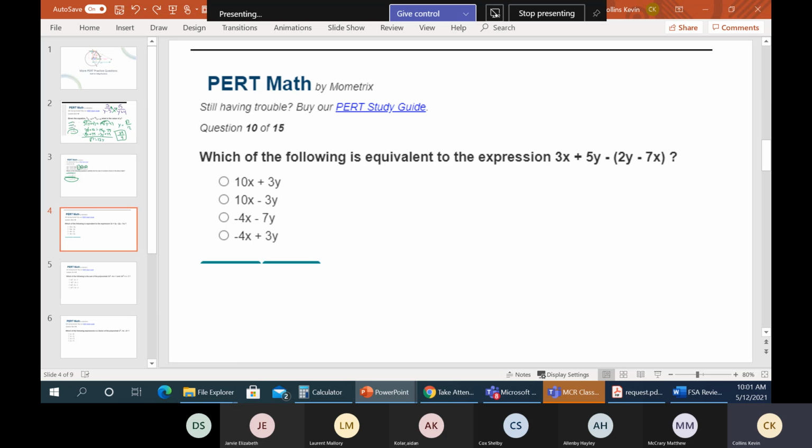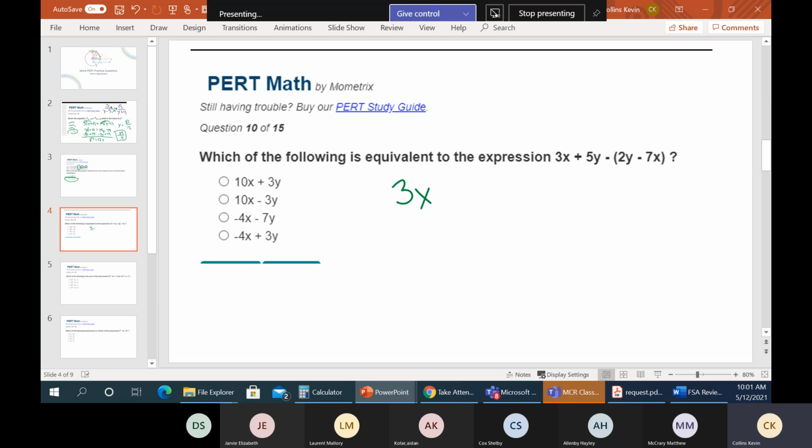Okay, so Liz thinks it's A. What do the rest of you think? So usually the best thing to do with these is, when they give you a minus sign up front, go ahead and switch the signs.